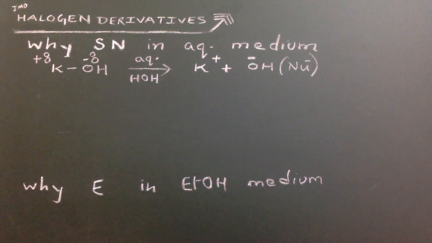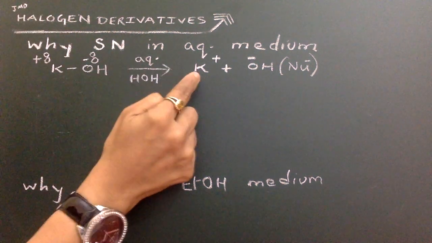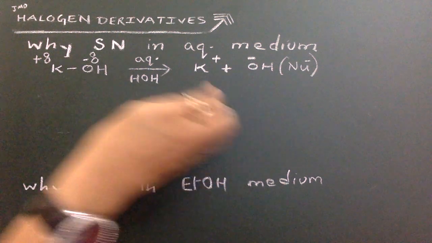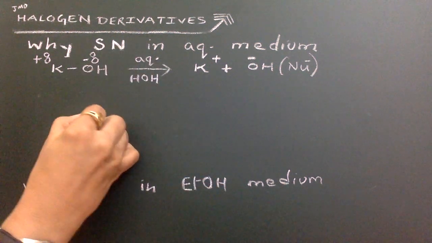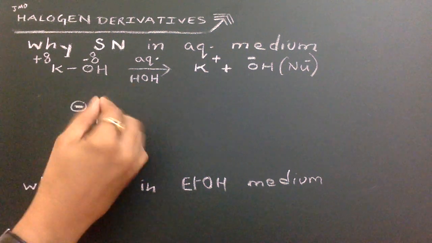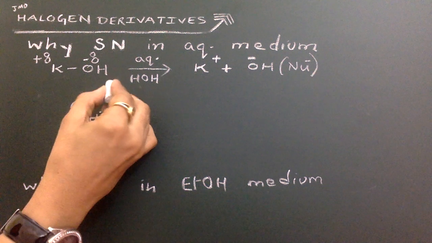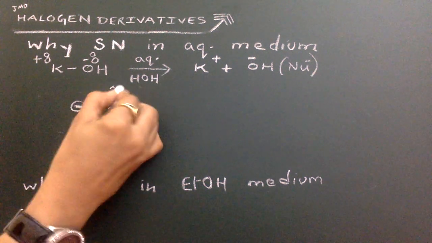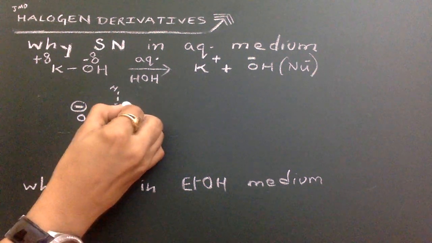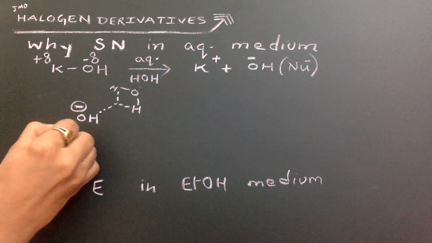Now, first thing, KOH in aqueous medium undergoes ionization to give me OH minus, and this OH minus gets surrounded by water molecules. See how the water surrounds this OH minus like this. This is a molecule of water. Same thing here, students.